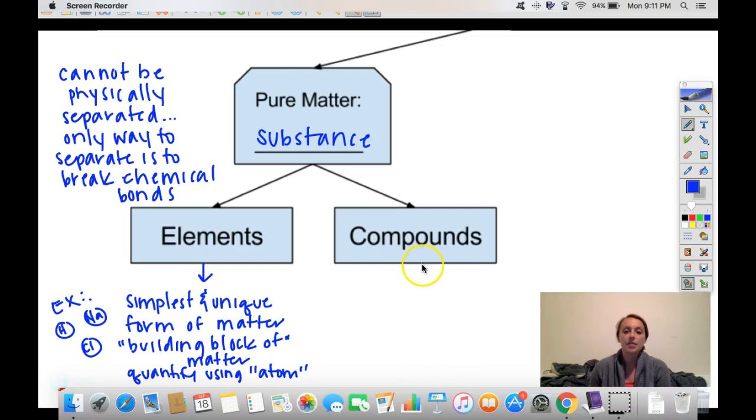The second type of pure matter or substance is called the compound, and this is when 2 or more different types of elements are chemically bonded together.